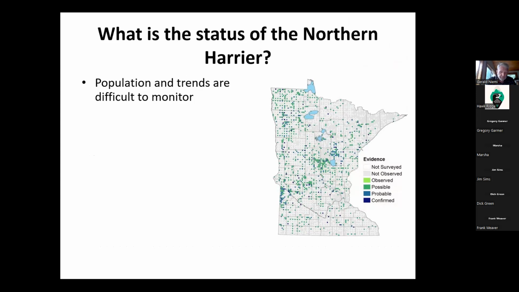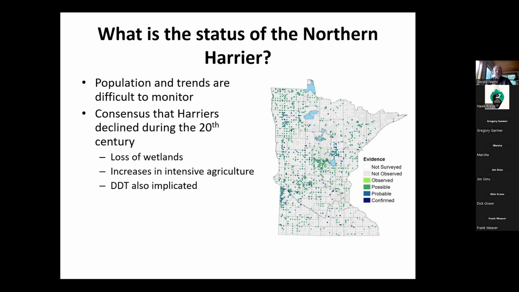Again, this species was considered to be potentially in trouble in at least the 60s and 70s, primarily because of decline, especially with the loss of wetlands, as it uses big open wetlands for nesting and foraging. Increases in intensive agriculture also matter.